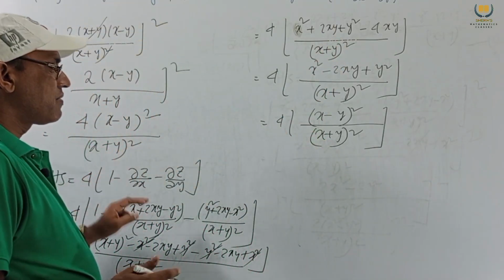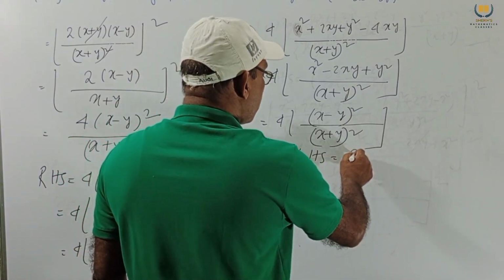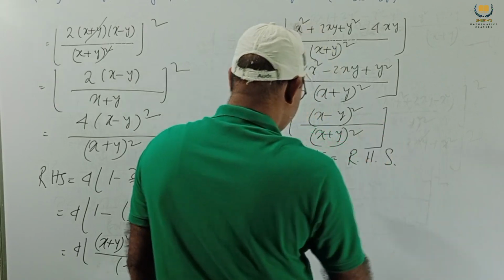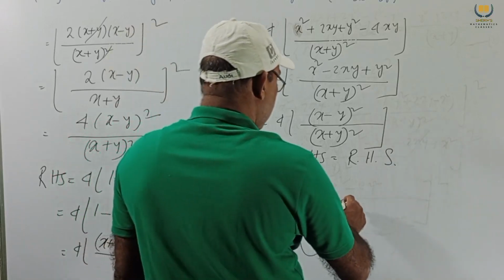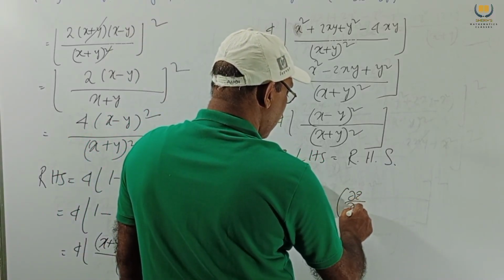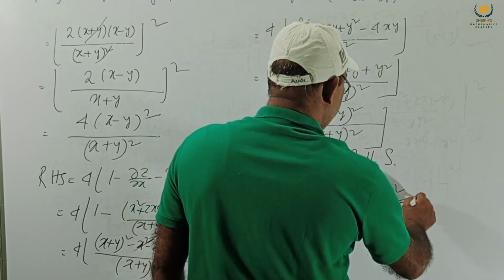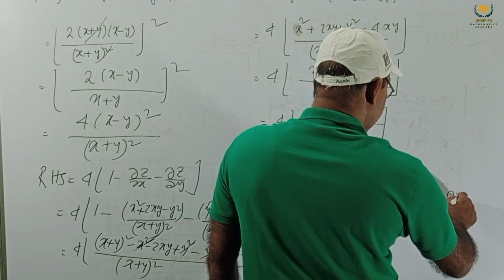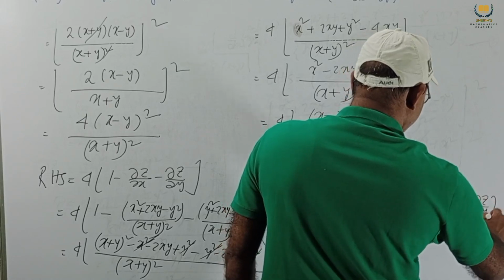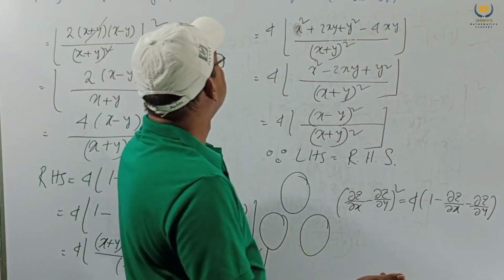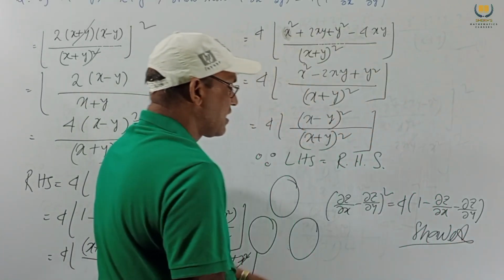Both the results are same, since left hand side equal to right hand side, therefore we get (del z del x minus del z del y) whole square equal to 4 into (1 minus del z del x minus del z del y). This is the proof. So short, we get this our answer, left hand side and right hand side equal.